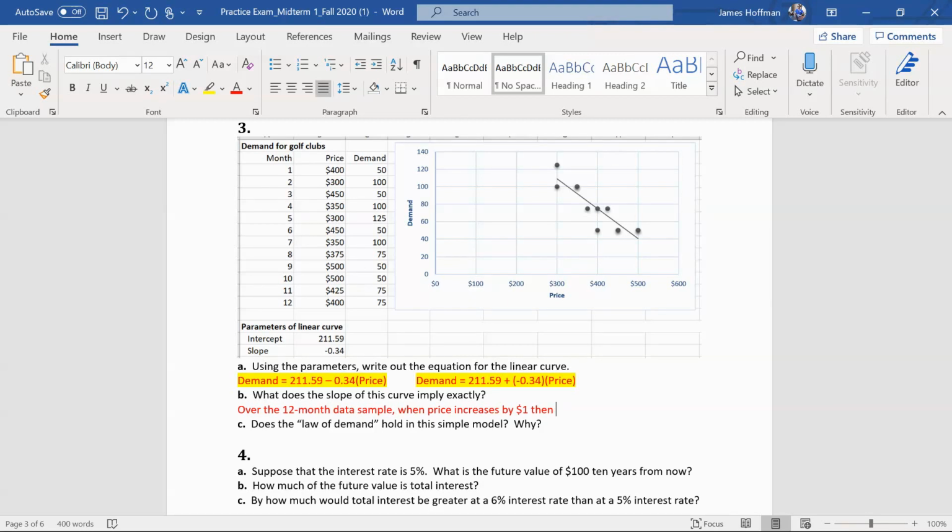So when price goes up by $1, then what the equation says is demand decreases by 0.34 units, which is golf club size.